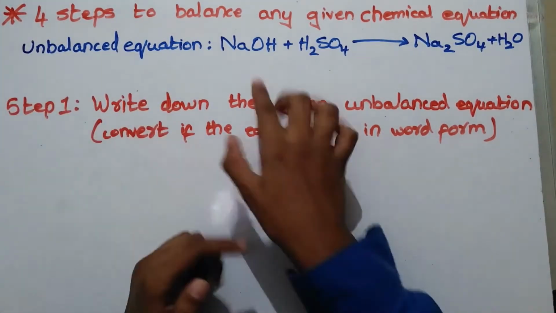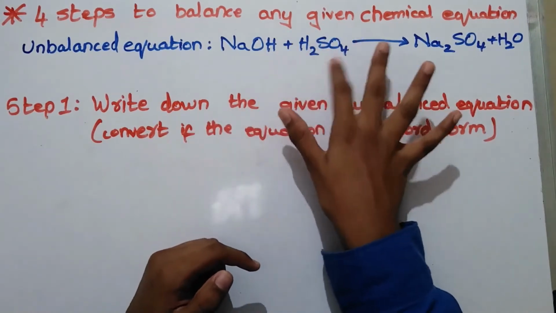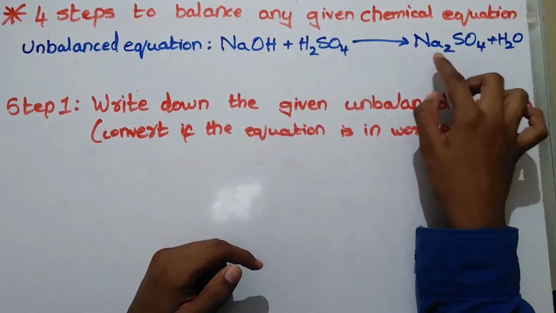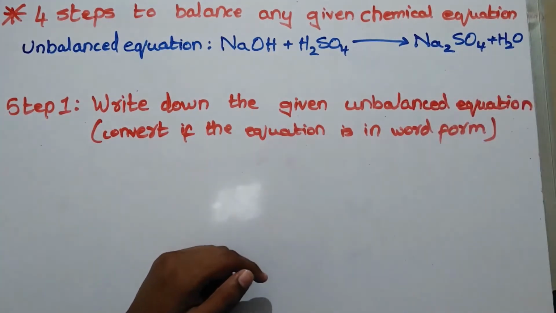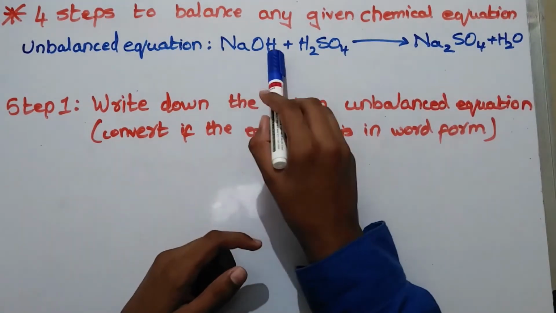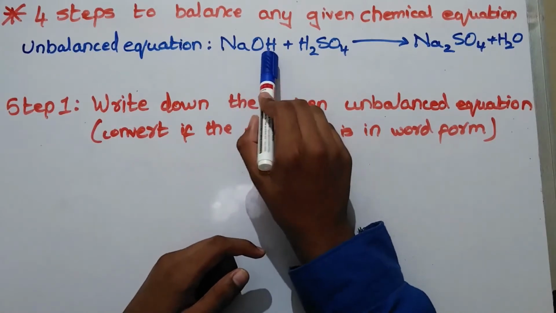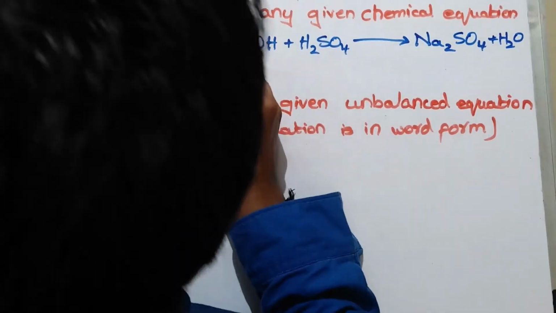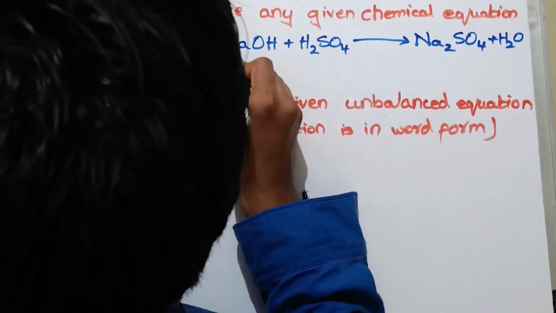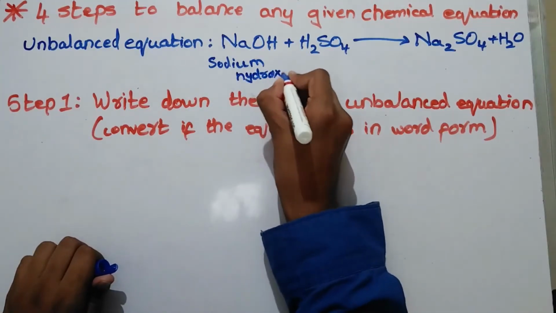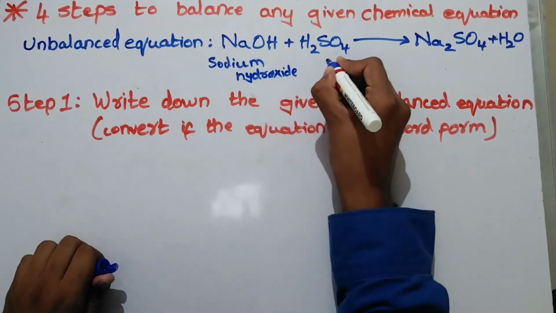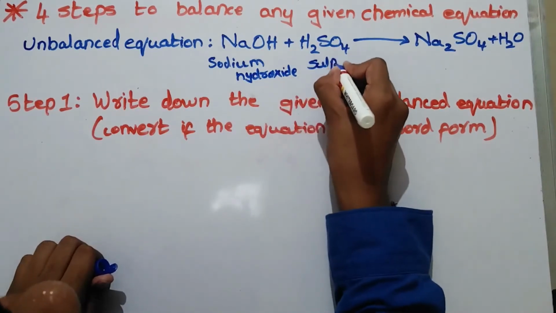The unbalanced equation is NaOH plus H2SO4, which gives the product Na2SO4 plus H2O. NaOH means sodium hydroxide, and H2SO4 means sulfuric acid.